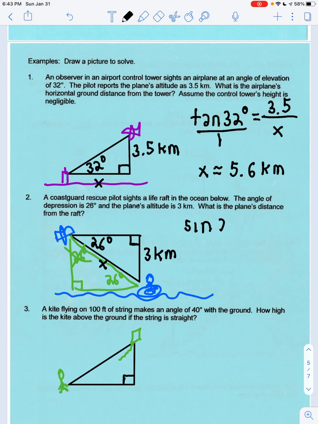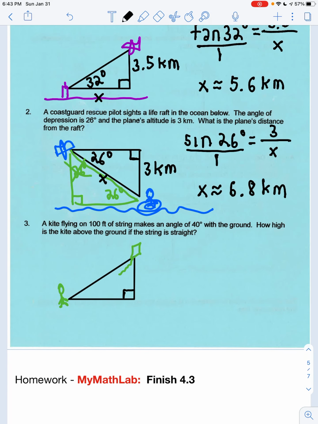So that would be the sine function. And we'd say the sine of 26 degrees is opposite 3 over hypotenuse, which is x. Again, we could put that as a proportion and solve. I am confident you should be able to do that. And that is about 6.8 kilometers.